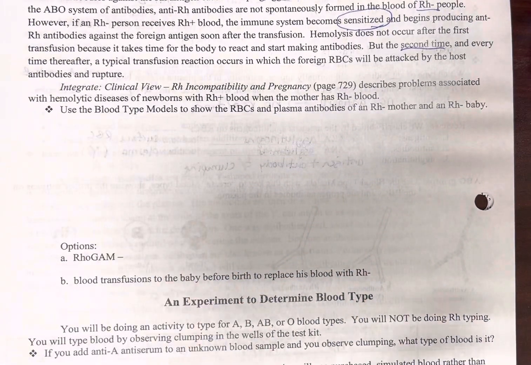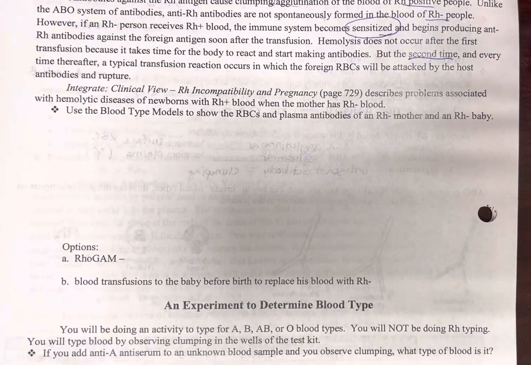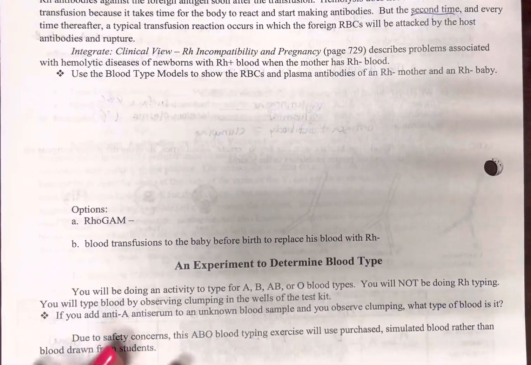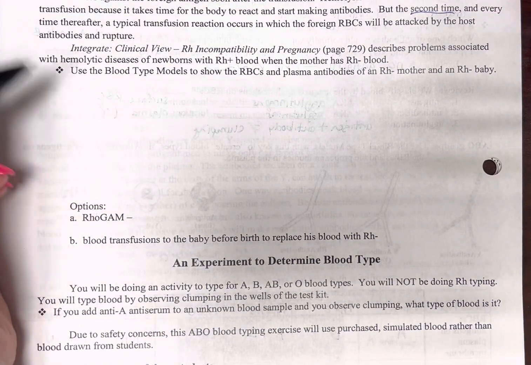You might not have O negative blood. You may only have O positive blood. You kind of have to work with what you've got. And so just knowing that.